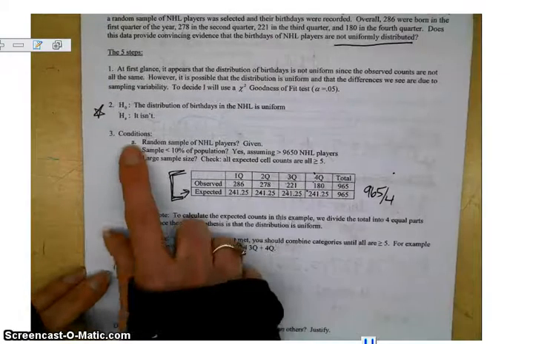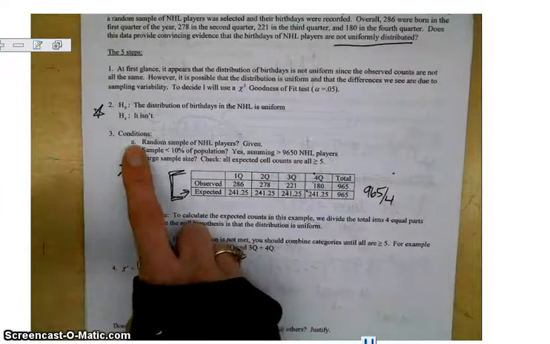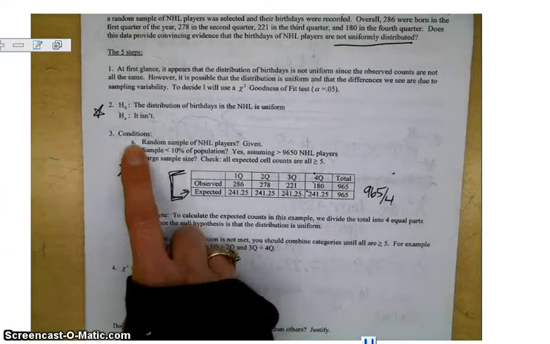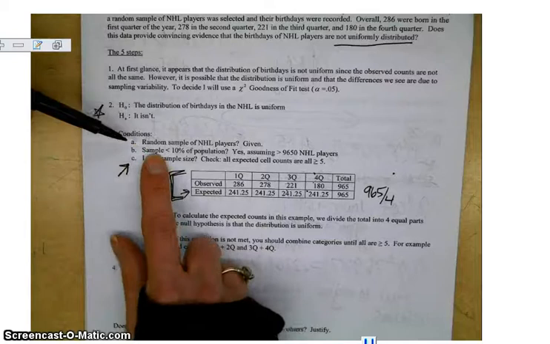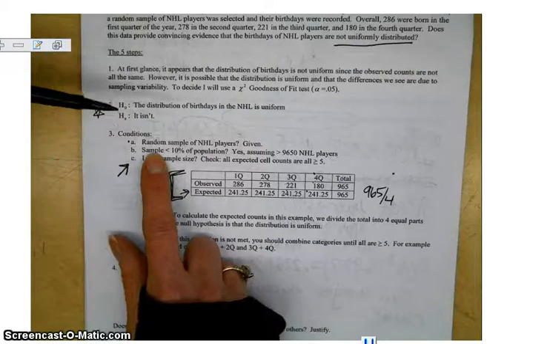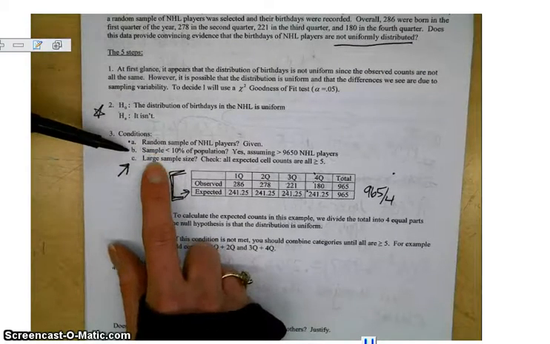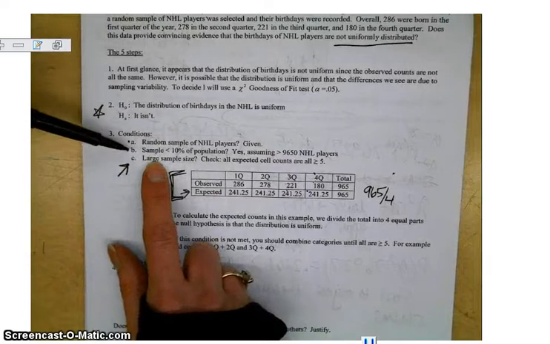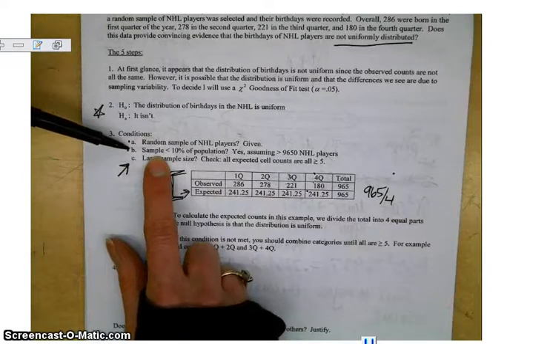Okay, so now we have conditions. These are very similar to the conditions we had before with our other tests that involve samples. So is this a random sample of NHL players? Yes, it's stated. They told us that. Is 965 less than 10% of the number of NHL players?